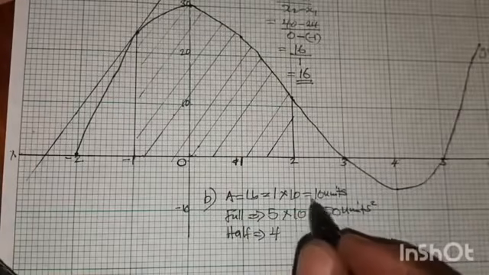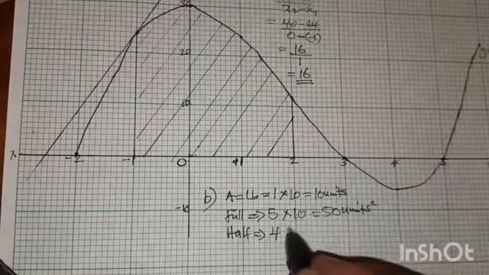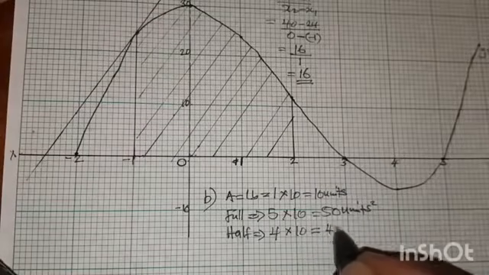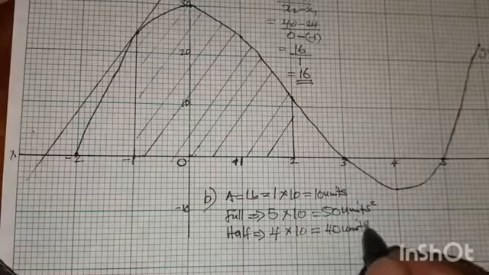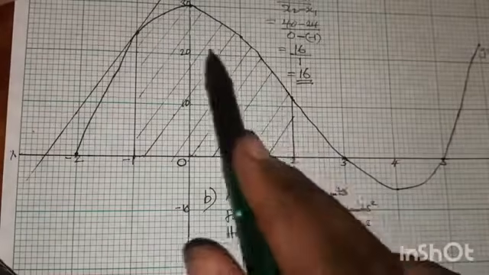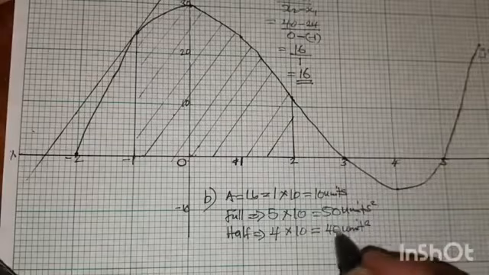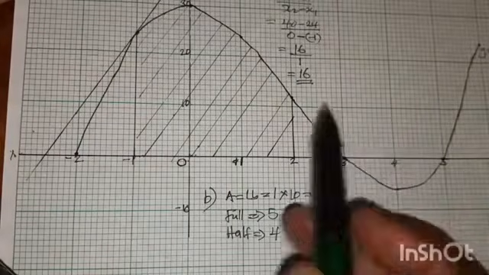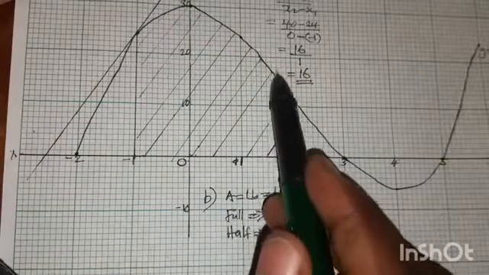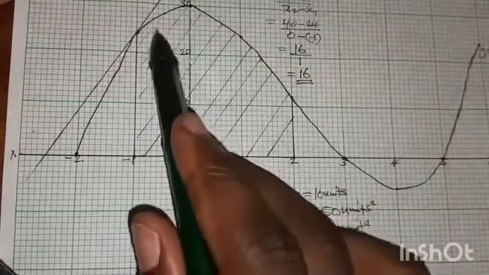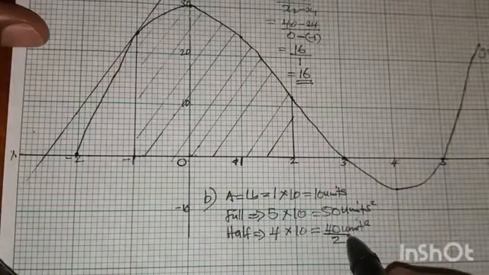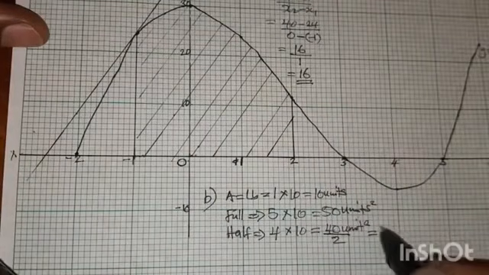Again, we're going to multiply it by the area of one box, so times 10, and this gives 40 square units. Now, because these are half, we are going to divide this by 2. It's like we are getting part of this and putting it here to make it full, getting part of this and putting it there to make it full. So divide this by 2 and it gives 20 square units.